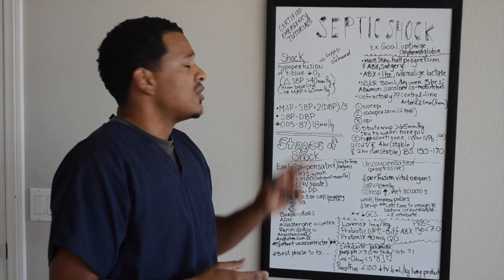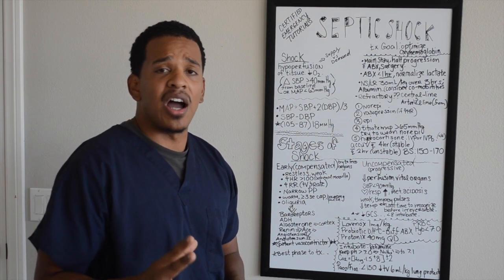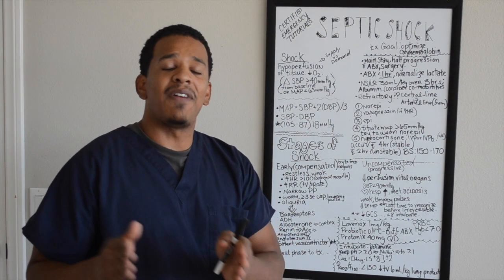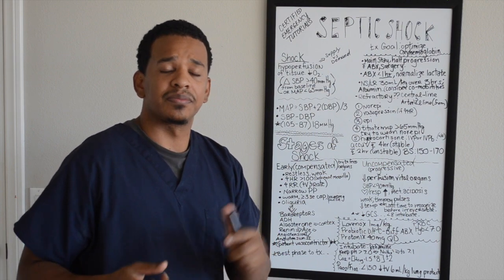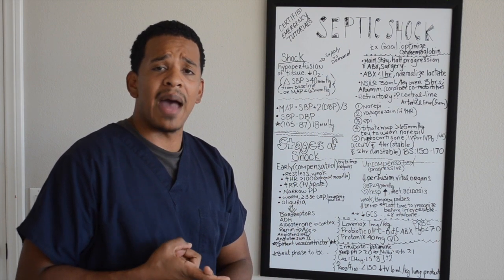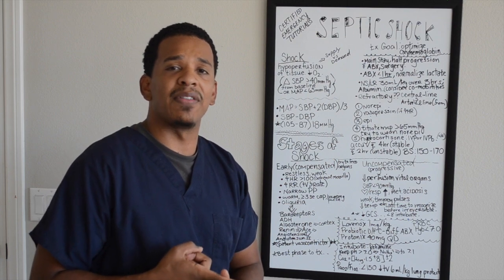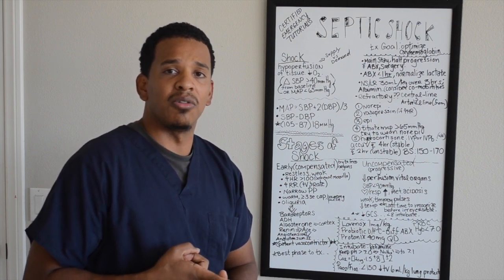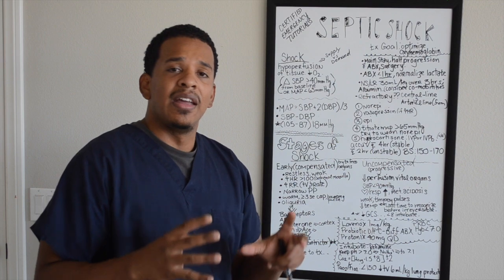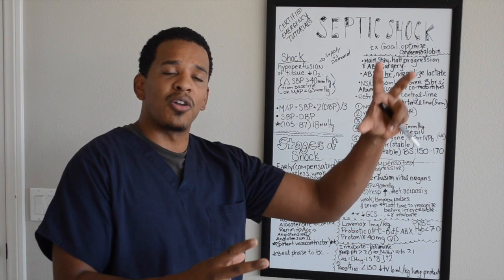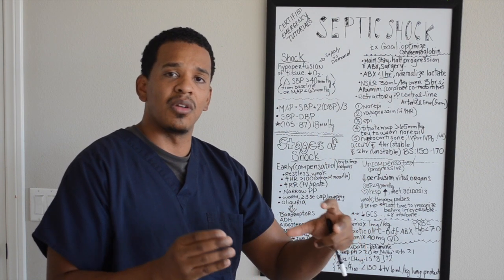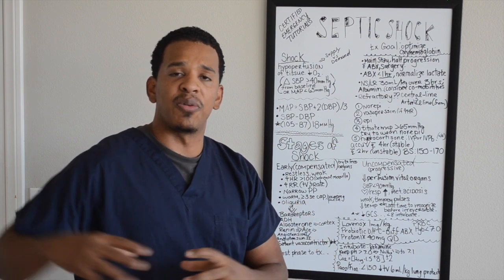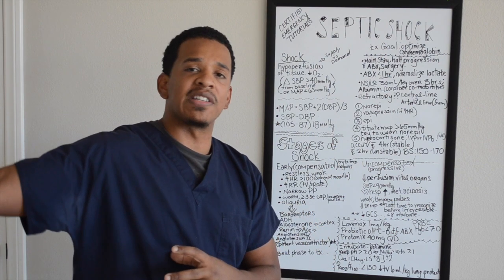Okay, so clinically, what is shock? You can define shock clinically by saying, hey, my mean arterial pressure is less than 65 millimeters of mercury, right? Mean arterial pressure meaning the amount of pressure that the cardiovascular system places on the arteries to perfuse vital organs. So think about your components of hemodynamics.